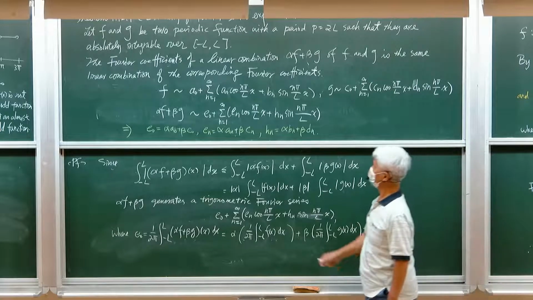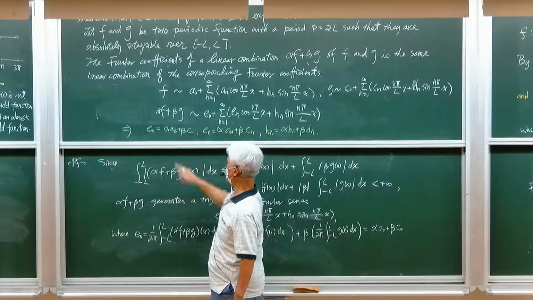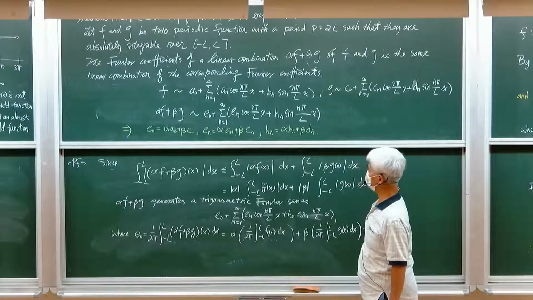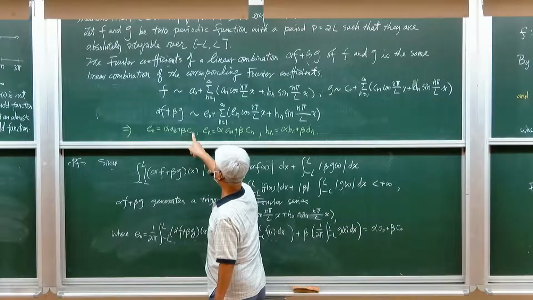Okay, so E0 is equal to alpha times A0 plus beta times C0.